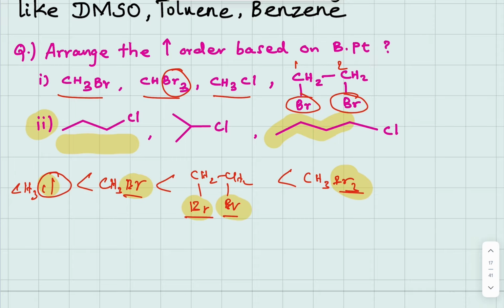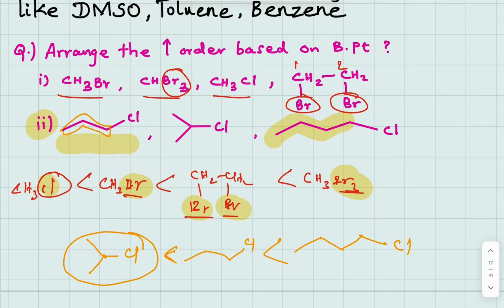As a result, this would have the highest boiling point, and this is the shortest hydrocarbon derivative. So this is the very least one, and in comparison with this particular derivative, 2-chloropropane has a very low boiling point. Why? The branching also increases.